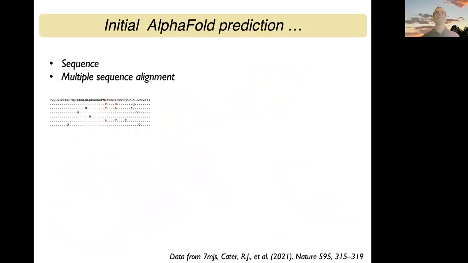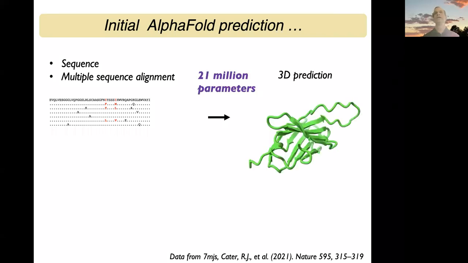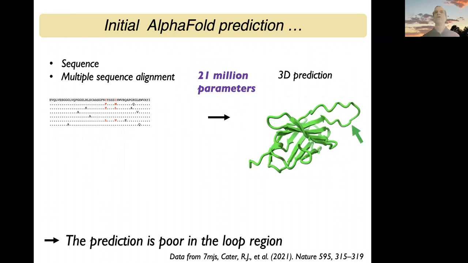And let's think about how this is working. Our initial AlphaFold prediction started with a sequence, multiple sequence alignment, and all those parameters gave us a prediction. So now we're going to add in, the prediction is not that good in the loop region.